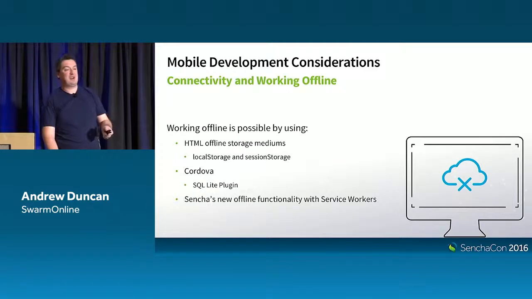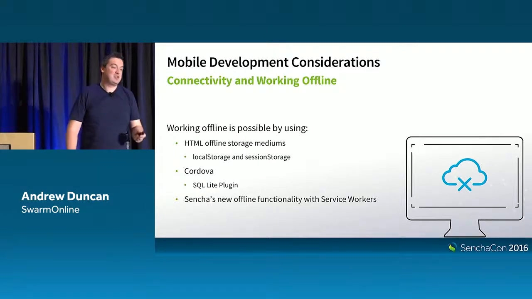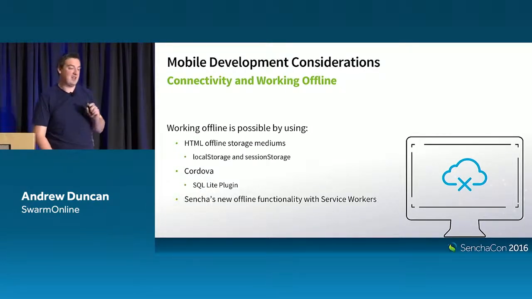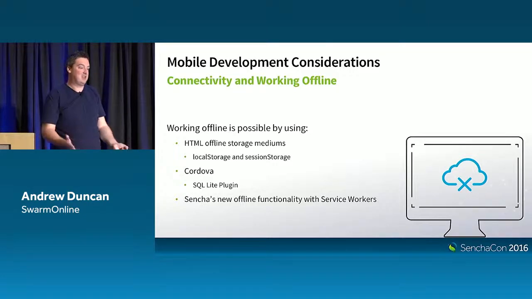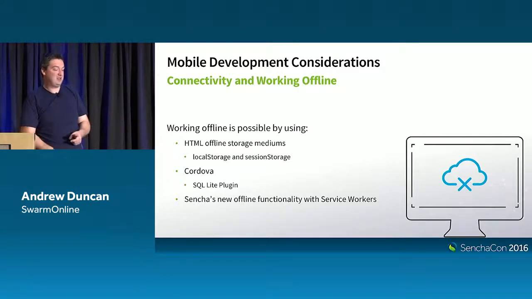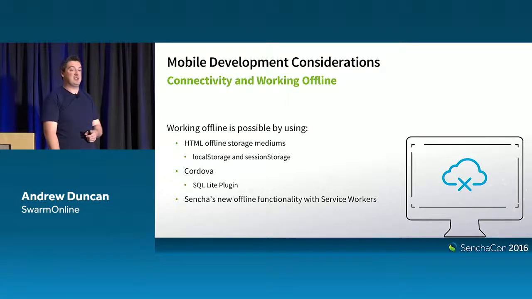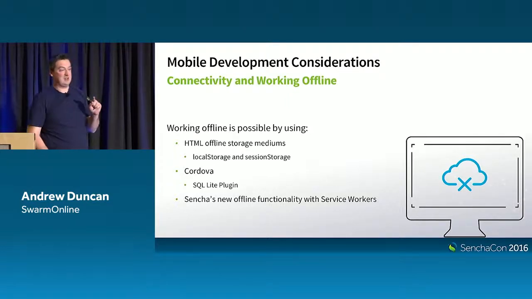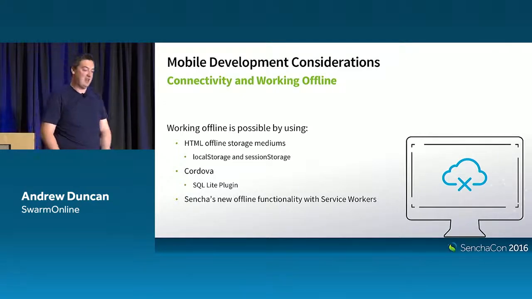If you're packaging your app with Cordova, there's a really good SQLite plugin, and basically SQLite is a relational database that you can put on the device, and that means you can get all your data off your back end, store it relationally in the SQL database, and then you can query it from your front end, which is really fantastic, and that gives you the ability to store even more data.